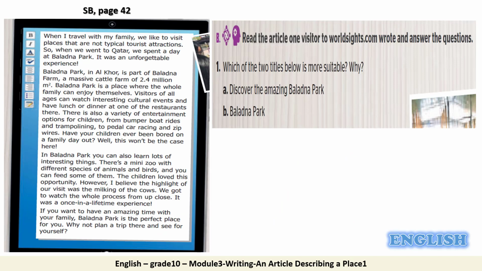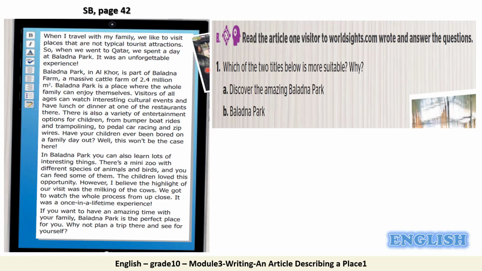Now move to activity B, same page 42. Read the article One Visitor to Wordsites.com wrote and answer the questions. Here's the first question. Which of the 2 titles below is more suitable and why? So pause the video and skim through the text to select the most suitable title. Let's share answers.